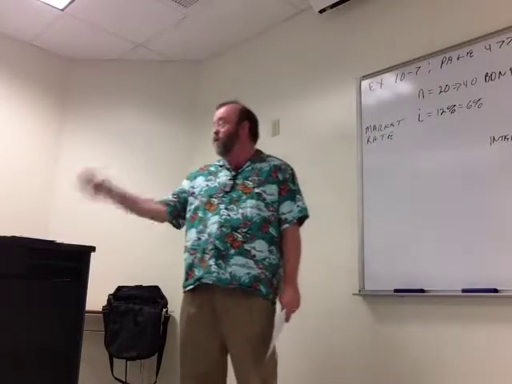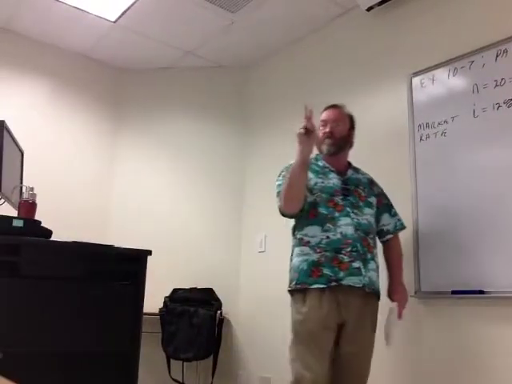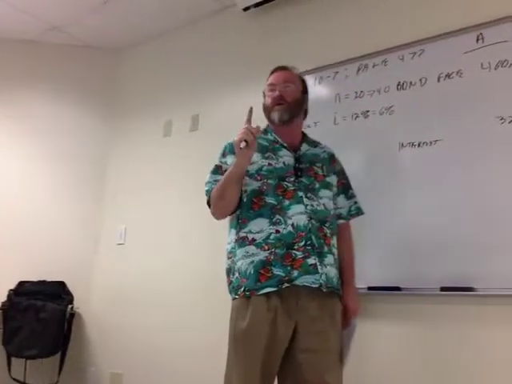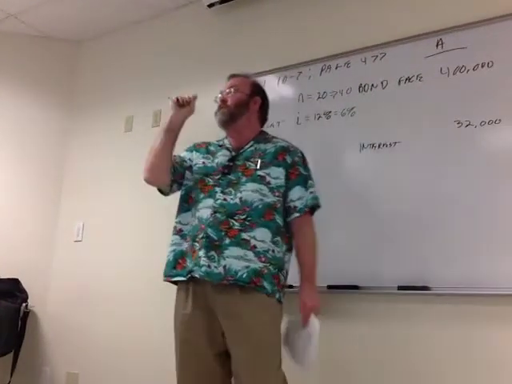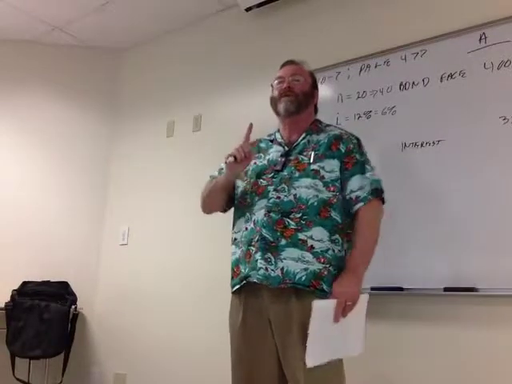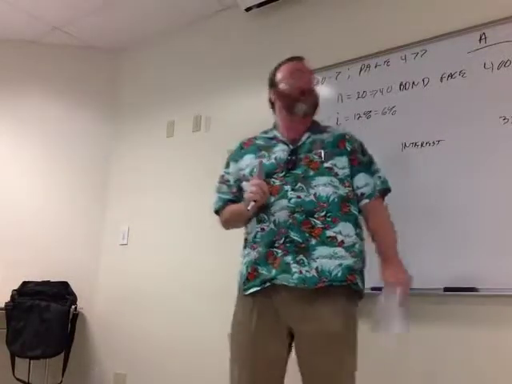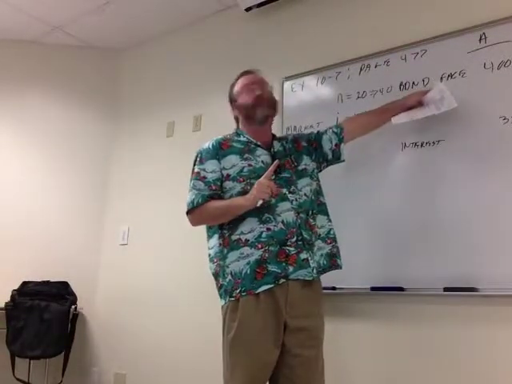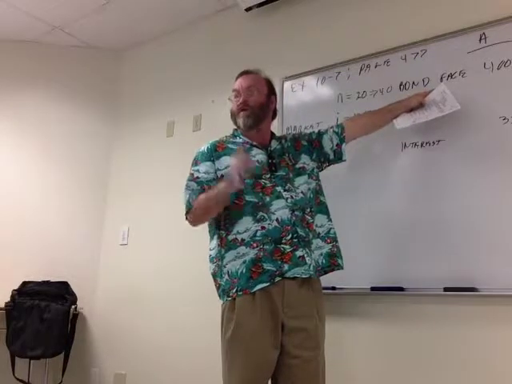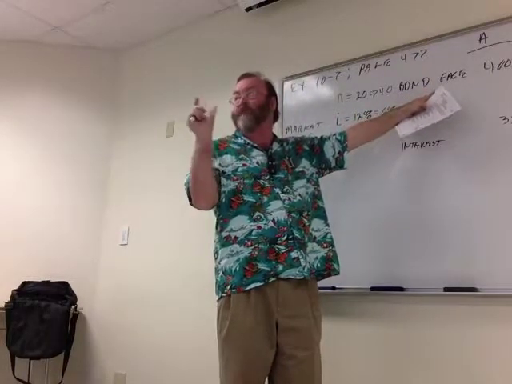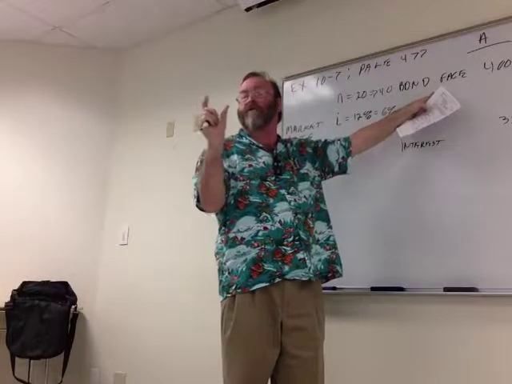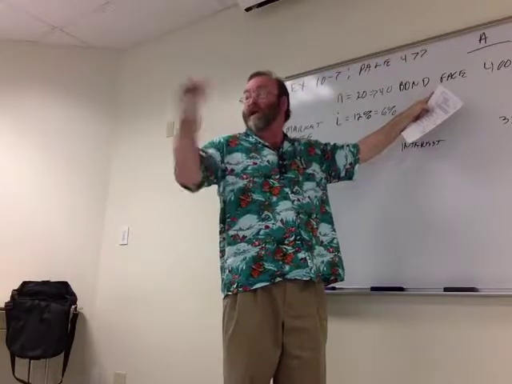If you go to the tables, you're going to use both Table 1 and Table 2. Table 1 is a single dollar sometime in the future. When the bond matures, it's going to pay the bondholders $400,000 in a single check.